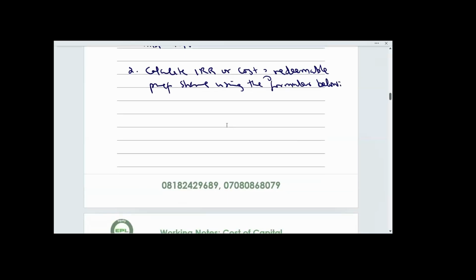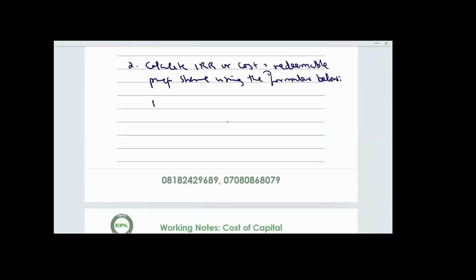You're already familiar with this formula. So IRR, or internal rate of return, is calculated as lower discount rate plus NPV of lower discount rate, divided by NPV of lower discount rate plus NPV of higher discount rate, all multiplied by higher discount rate minus lower discount rate.